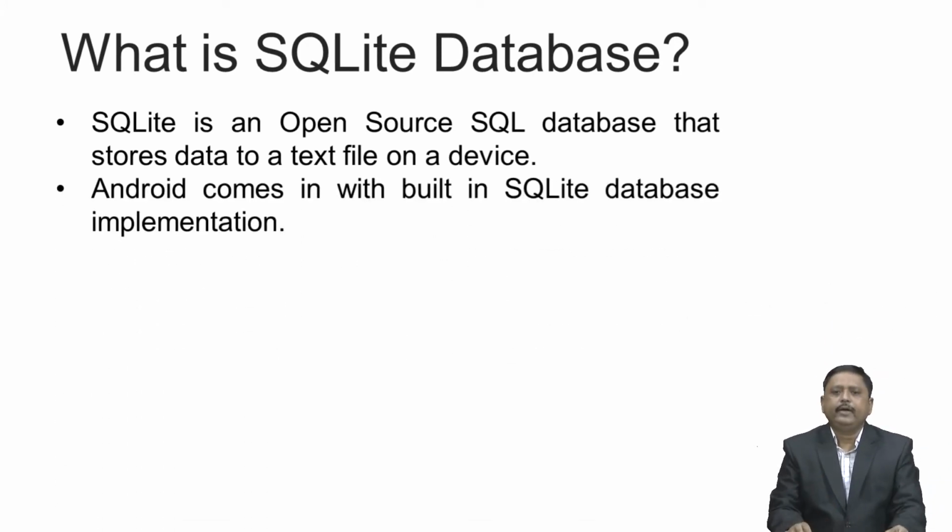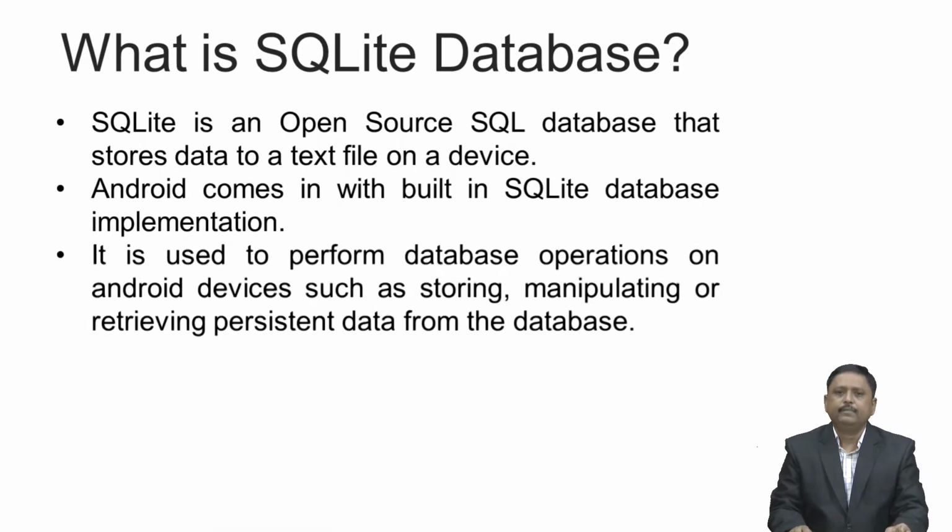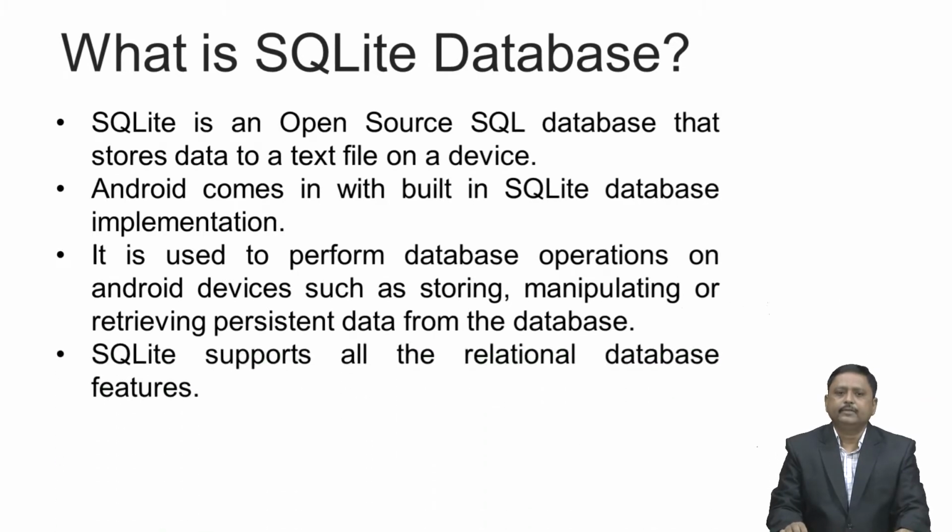Android comes with built-in SQLite database implementation, and it is used to perform database operation on Android device such as storing, manipulating or retrieving persistent data from the database. Now these type of operations are generally called CRUD operations: create, retrieve, update and delete. So all operations that we can perform on any other database can be performed on SQLite database.